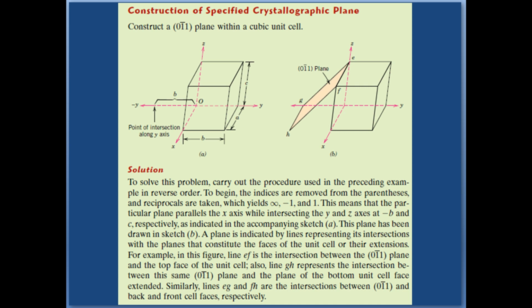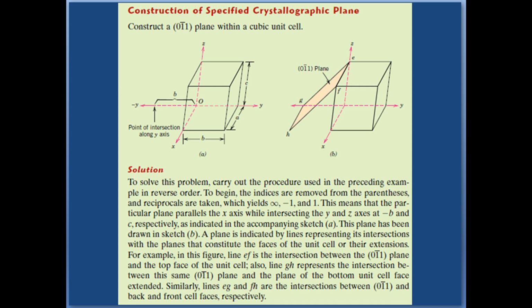Now the solution for the given problem: to solve this problem we carry out exactly the reverse order procedure. To begin, the indices are removed from the parentheses and reciprocals are taken, which yields infinity, minus 1 and 1.